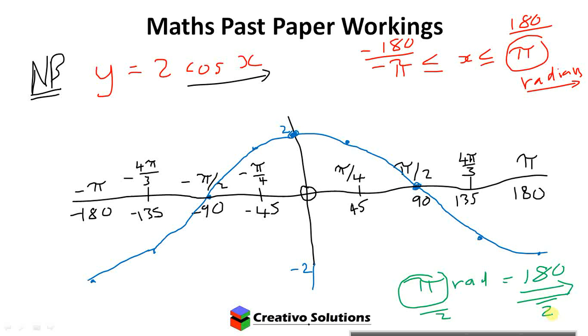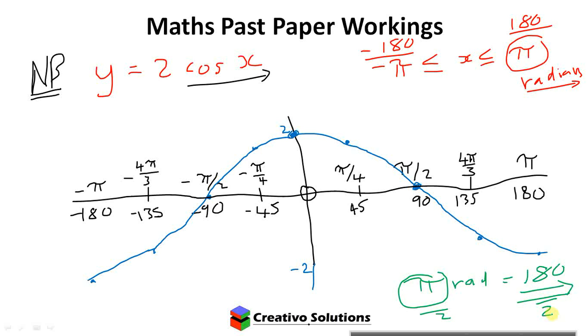So 4 over 3 pi would be the same as 180 times 4 over 3. So 180 times 4 divided by 3 gives you 135.